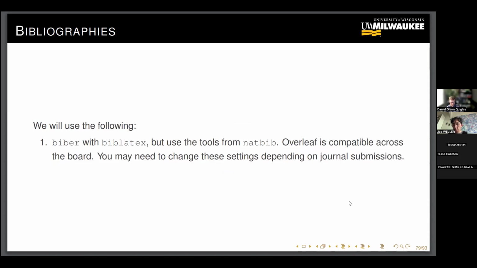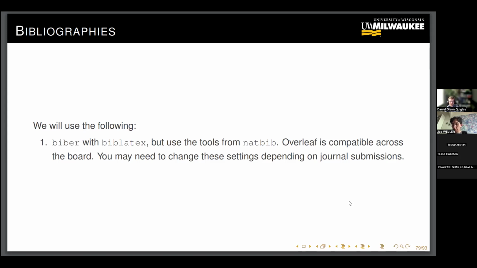For our purposes, we're going to use what's called Biber with Biblatex, and we're going to use tools from Natbib. Don't worry about these names. Just know that we have a couple of dials that we can turn depending on the style of bibliography we want to use. Might want to use APA, might want to use MLA, might want to use numeric. We can all specify that in our preamble.